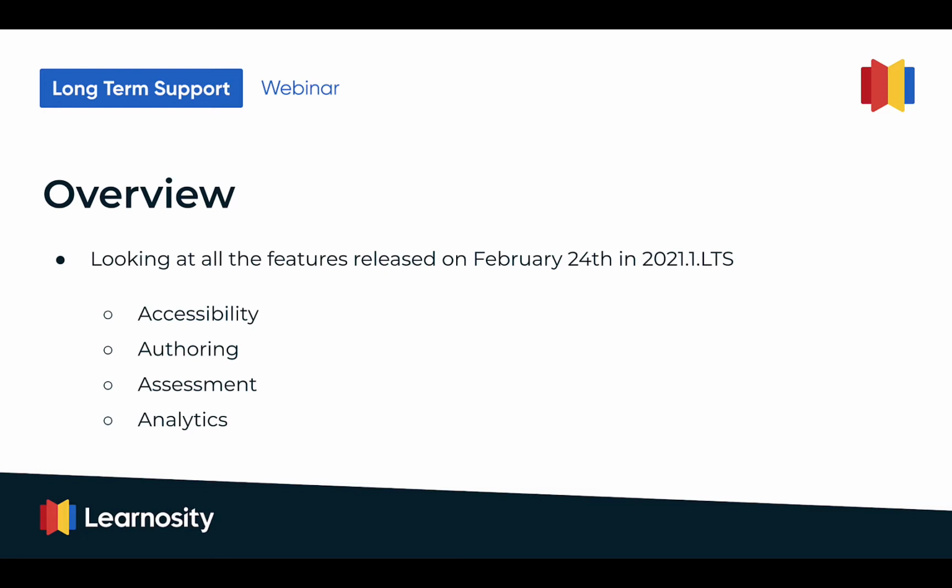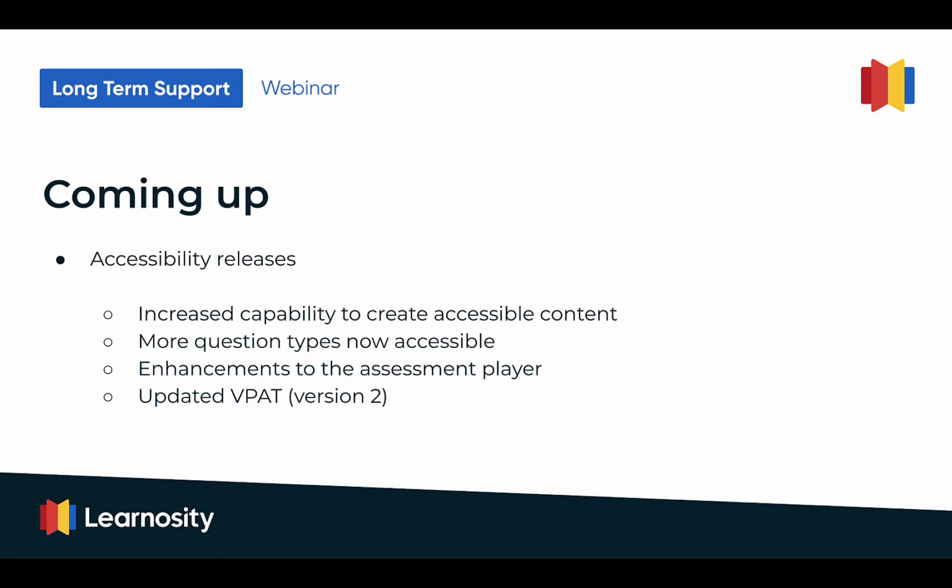We're very proud, as we always are, of the advances made in the area of accessibility and especially authoring. So let's briefly run through what features we've released on the 24th of February for accessibility, for assessment, authoring, and data and analytics. So firstly, for accessibility, we increased the capability to create accessible content.